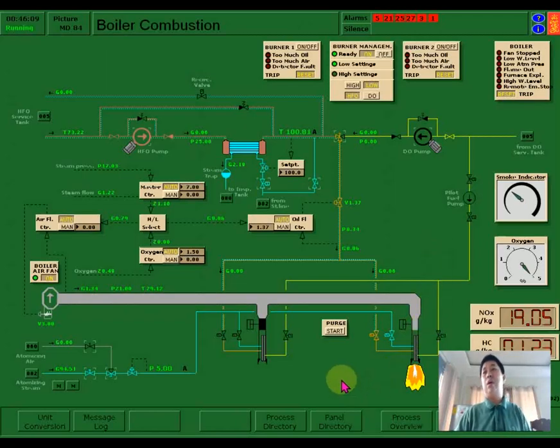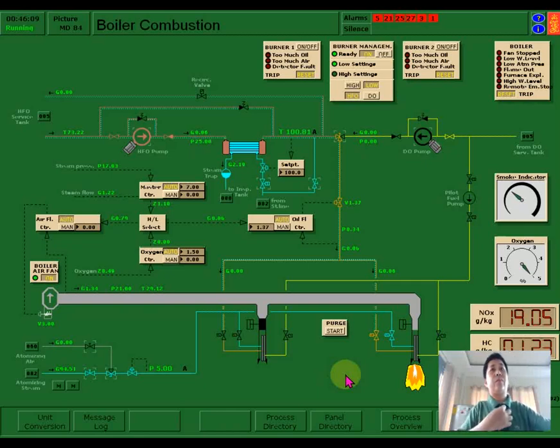So now your burner number one has automatically stopped. You see? This is how your steam pressure is being controlled, because your burner will automatically stop.